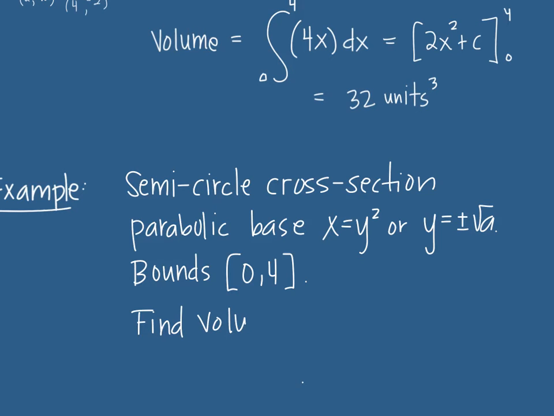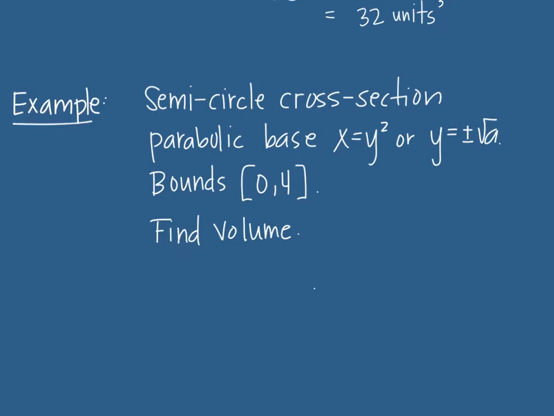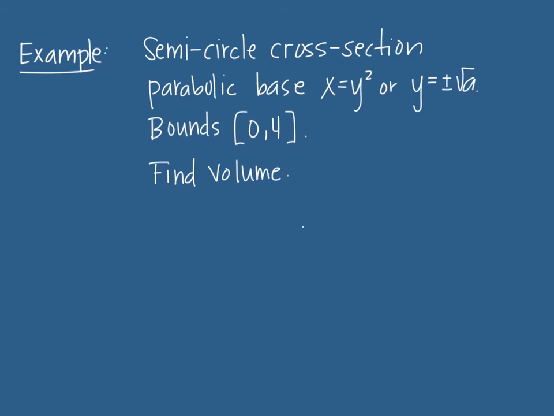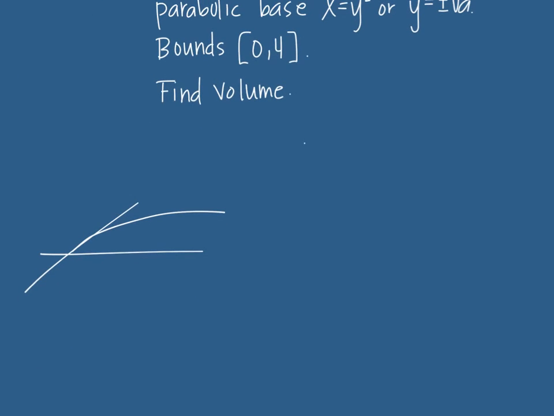All right. So again, I'm just going to quick sketch it again so that I can be thinking about what I'm looking for here. So I've got this, down to here. We're doing semicircles this time.